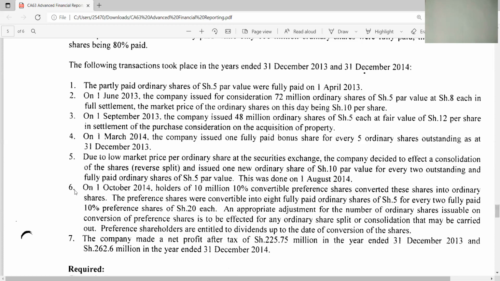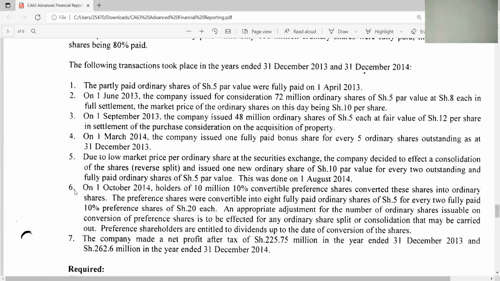An appropriate adjustment for the number of ordinary shares issuable on conversion of preference shares is to be effected for any ordinary share split or combination that may be carried out. Preference shareholders are entitled to dividends up to the date of conversion of the shares.